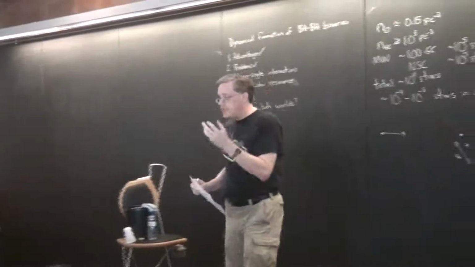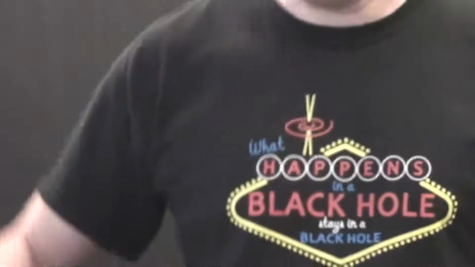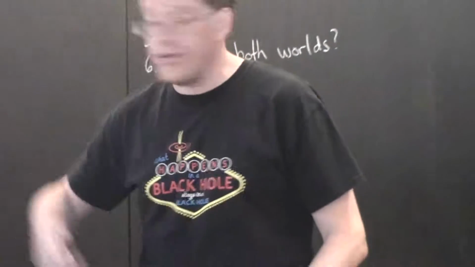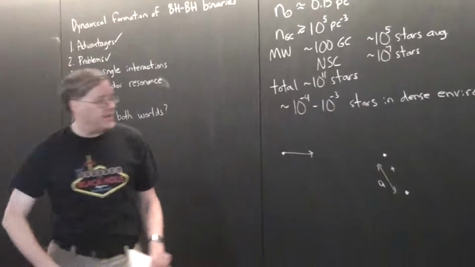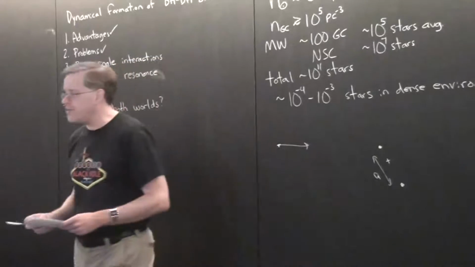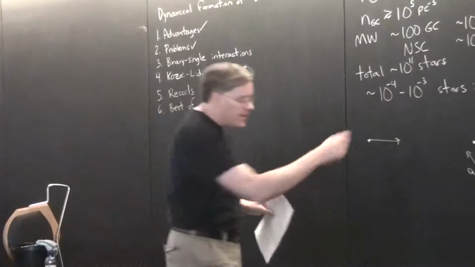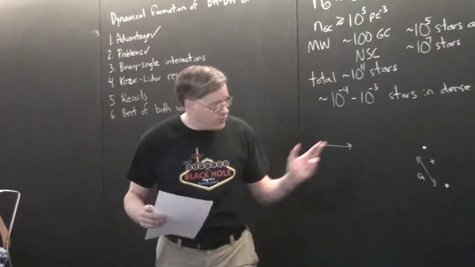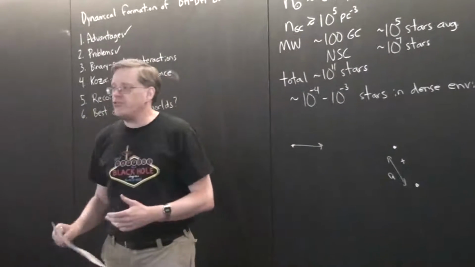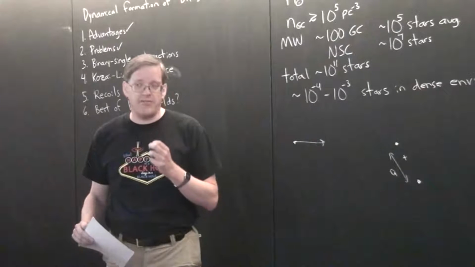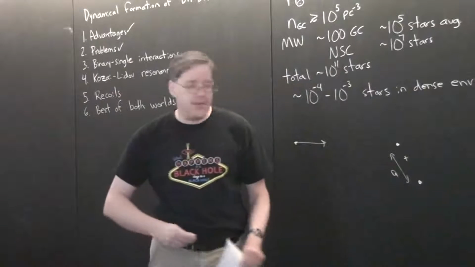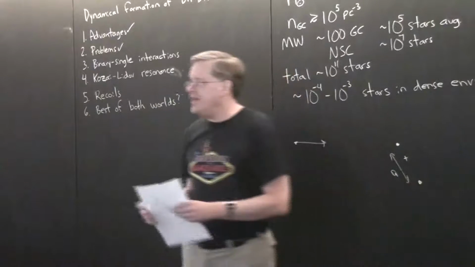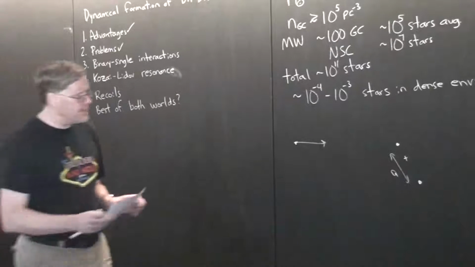The binary as a unit may be affected in the sense that the binary tends to be heavier than the average star, and therefore it will sink into a region of high density. But if the passage is far too far away, then it's not going to have much of an effect on the internal properties of the binary. But if it is on the order of A, then it can go in, and as we were demonstrating, it can actually be a very involved interaction. In other words, it's not just one dynamical time through. It is commonly something that could be tens of dynamical times, scrambling the system up to an extent.